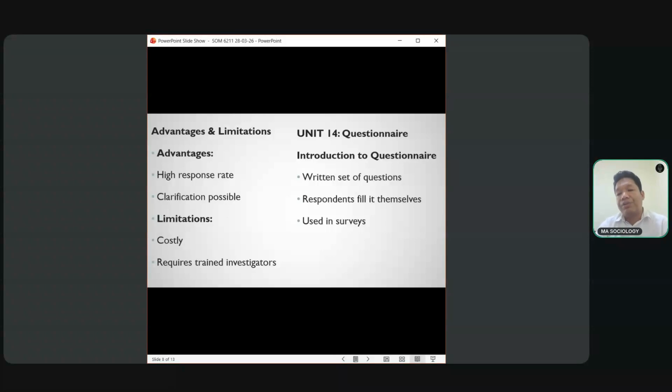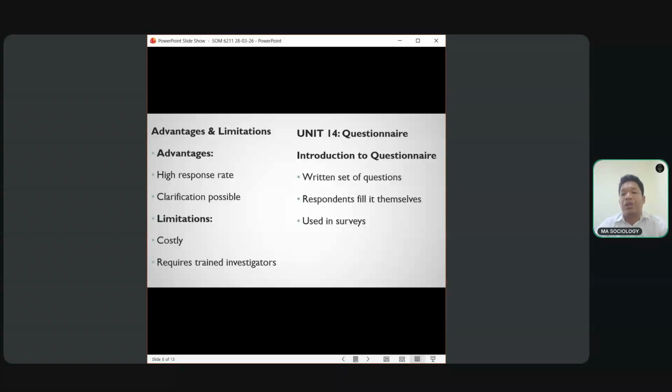Now coming to Unit 14, questionnaires. A questionnaire is a written set of questions that respondents fill in themselves, using a survey. Okay, so the questionnaire is a major set of techniques or tools, very important in terms of interviews, in terms of survey, or in terms of schedule, because questions are being set.